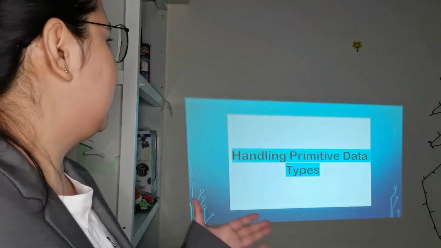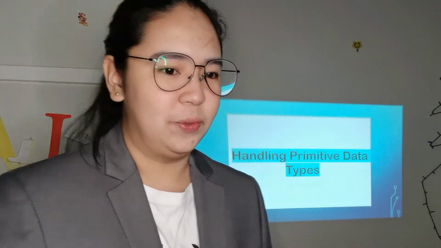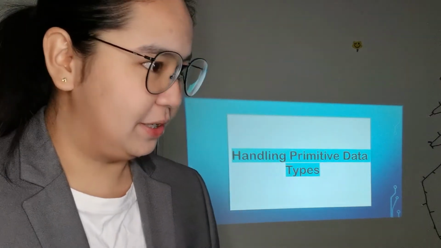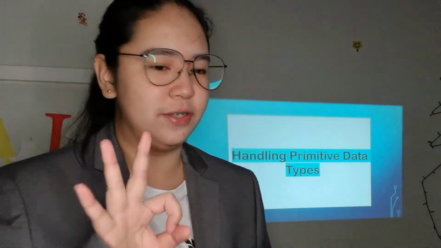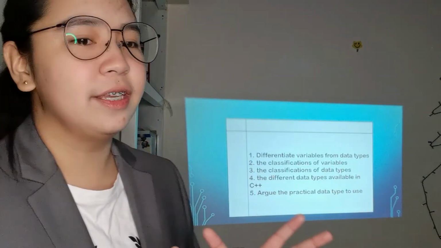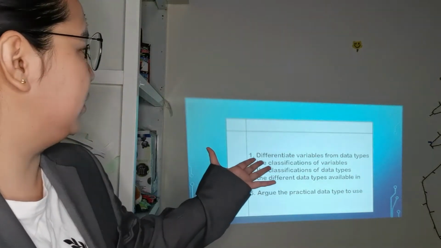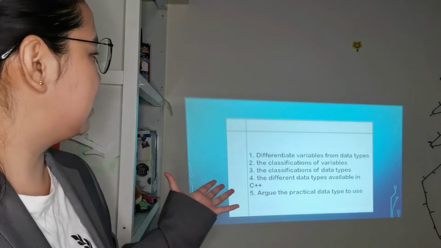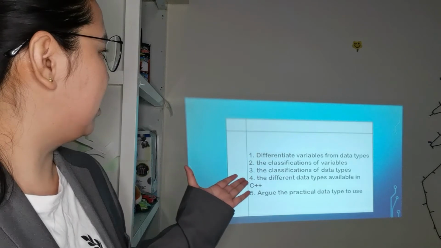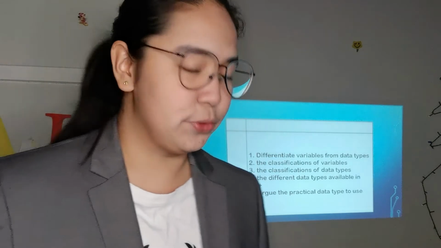So next is handling primitive data types. They have different variables, three variables. All the topics here in handling primitive data types are about differentiating variables from data types, the classification of variables, the classification of data types, the different data types available in C++, and the practical data type to use.